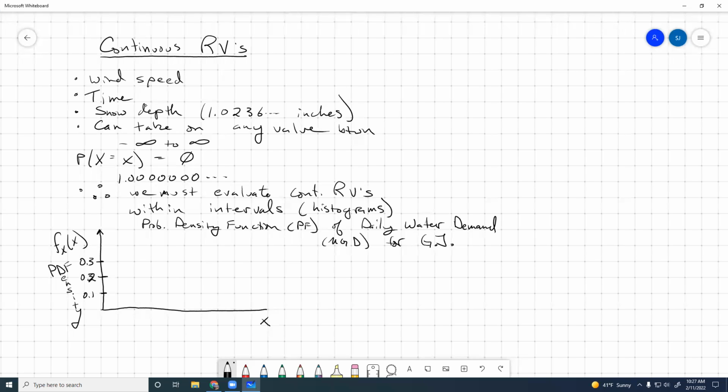I don't know if this is true or not, but I'm just going to make some numbers up. So here's our x values.